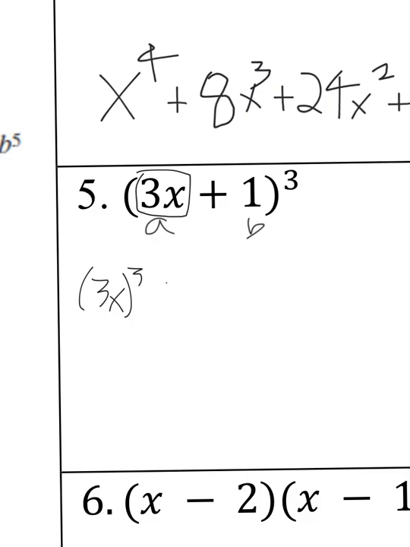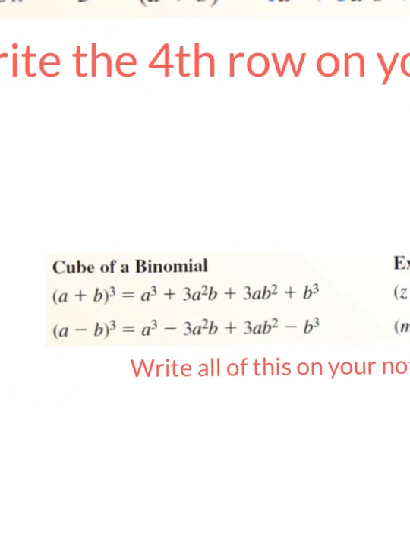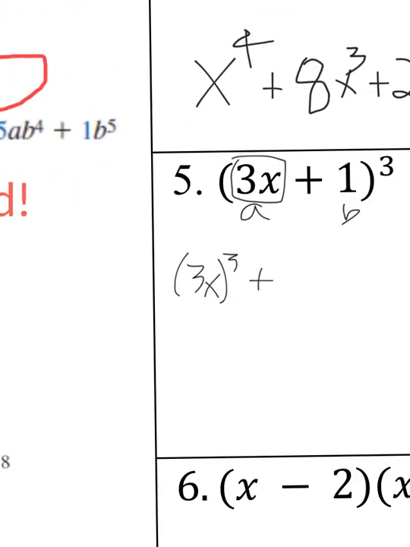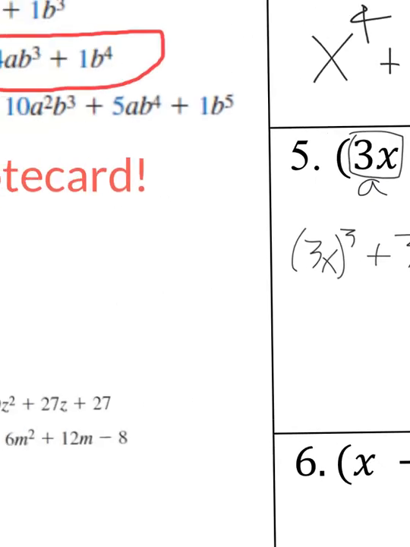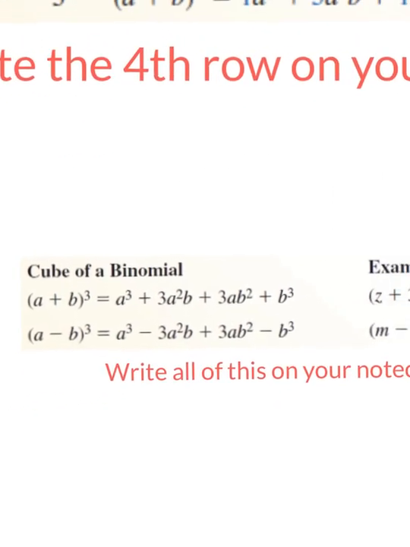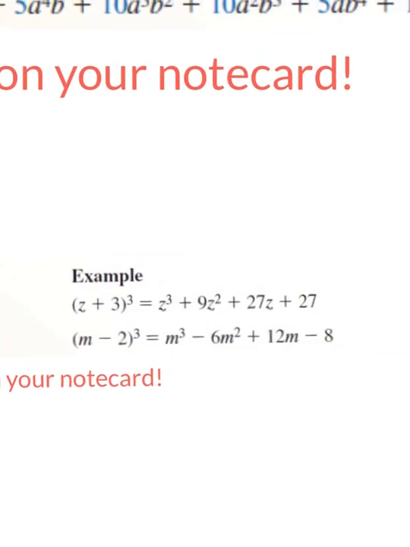So 3x to the third plus, and I already forgot what the second thing was, 3a squared b. So I'm going to go 3 times a squared, so that's 3 times (3x) squared times b, that's 1. Alright, and then what comes next? 3ab squared plus b to the third.